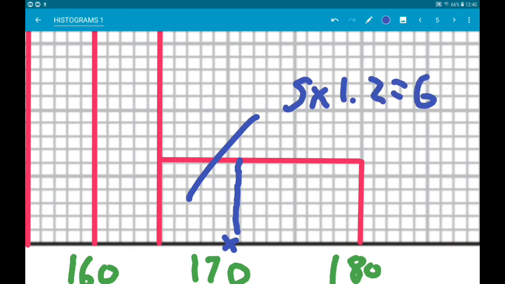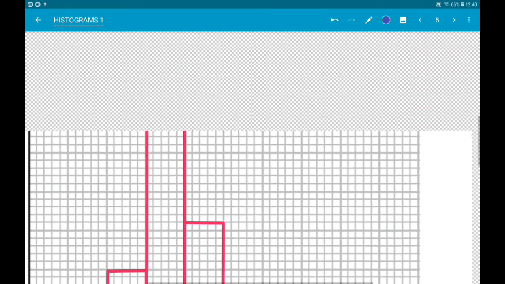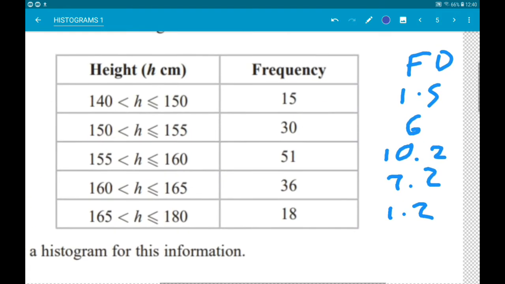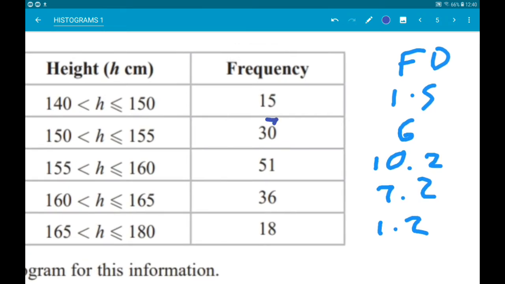So we're going to need this 6, add the 3 middle totals. Going back to the table, we want all of those 3. So 30 and 51 is 81. 81 add 36 is 117.